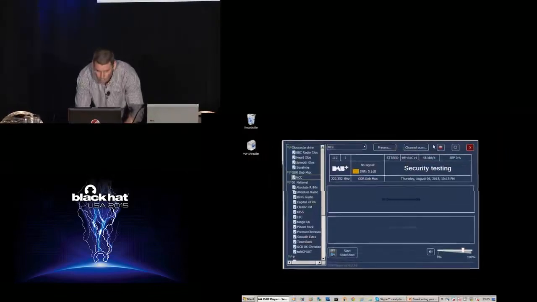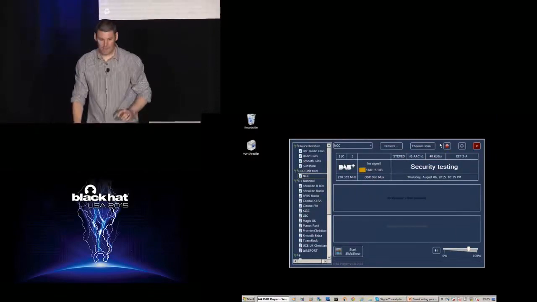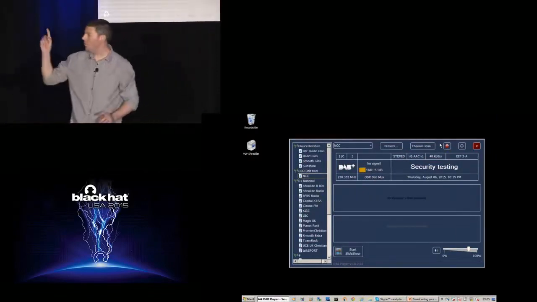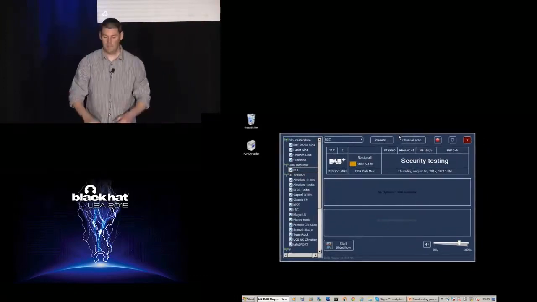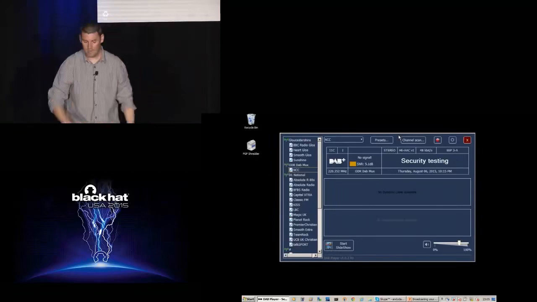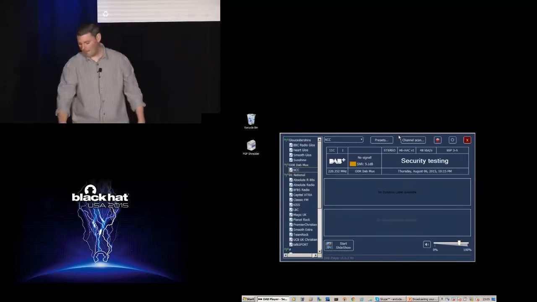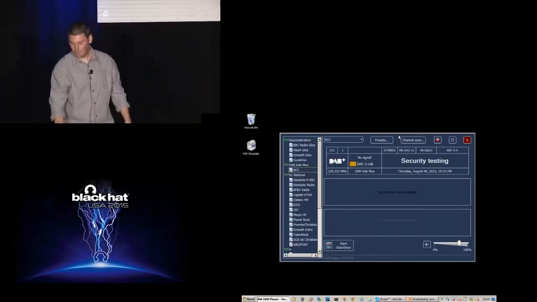What we've got here is the laptop that you're looking at the screen at is running a DAB receiver. This is an open source free DAB receiver, and it's using an RTL SDR dongle, which is plugged in here.